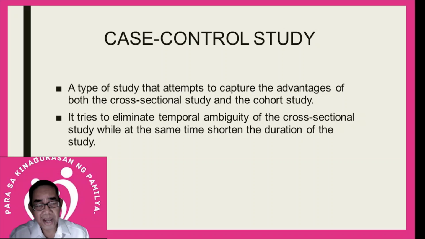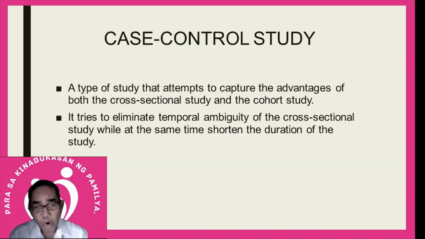You see, an advantage of a cross-sectional study over a cohort study is that, well, the cohort study, let me begin by saying that the cohort study is a better observational study than a cross-sectional study, because we told you that a cross-sectional study has a bias which we call, if you can recall, temporal ambiguity, meaning we do not know which caused which.